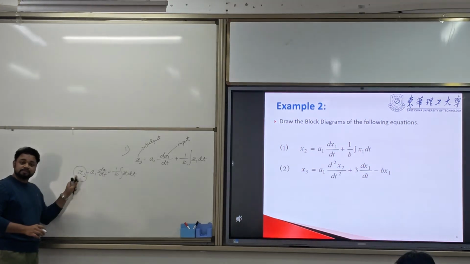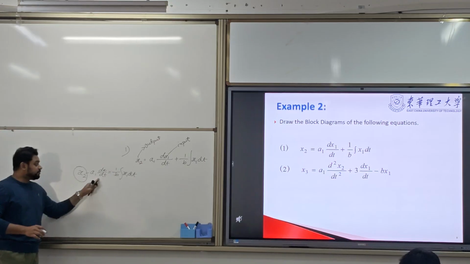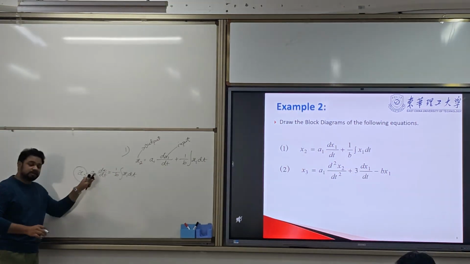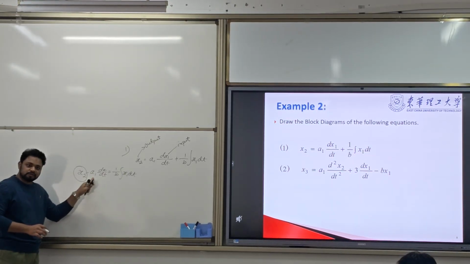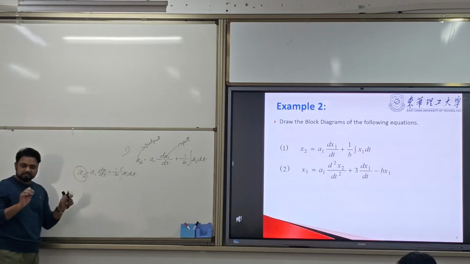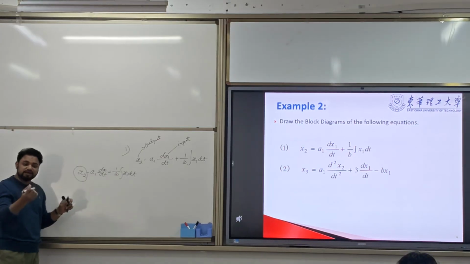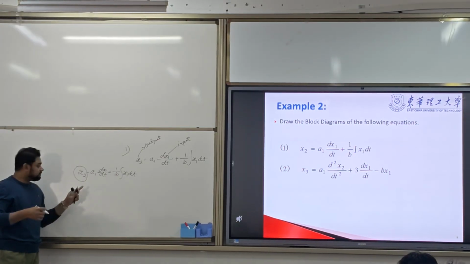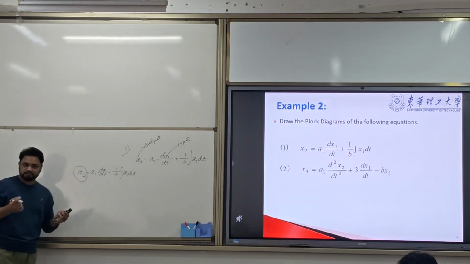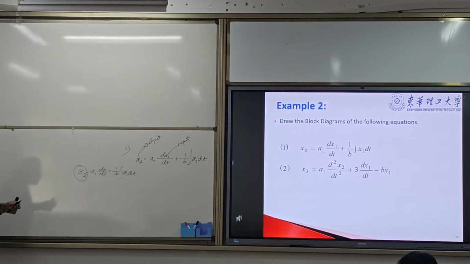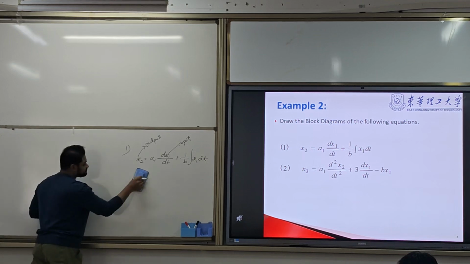It is only x2, x3, x4 like that. But with the input there will be mathematical operations, some gains with the inputs. With x3 there is nothing. So that's how you define the output first. If you can define the output, then you can easily find the input or inputs. Here we have one input.